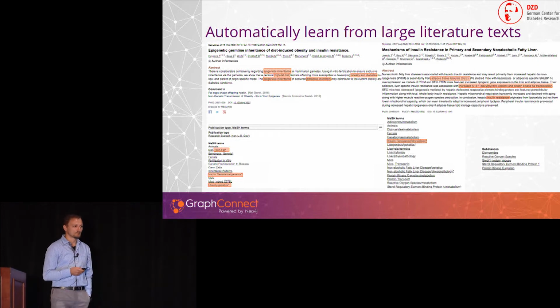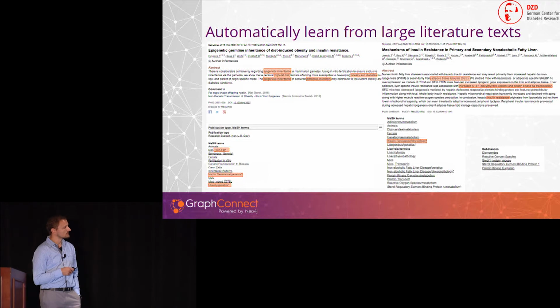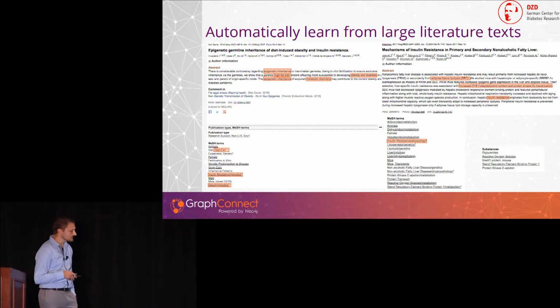When you're looking for diabetes, the bottleneck is that you can only read slowly. We want to use automatically learning algorithms on these texts to learn gene names or to learn diseases. Here are some specific terms for it, high-fat diet, you see it.